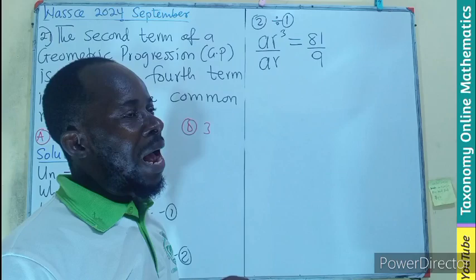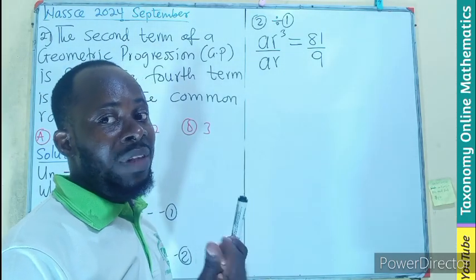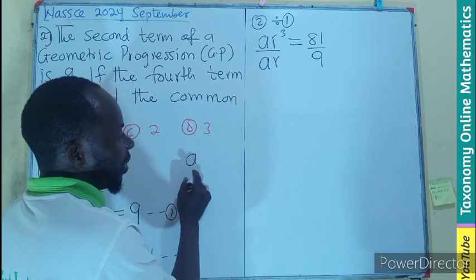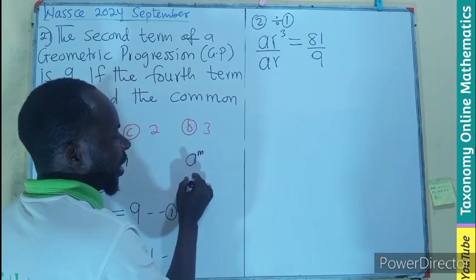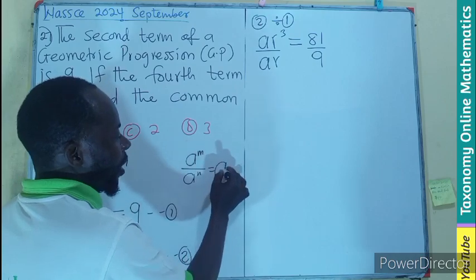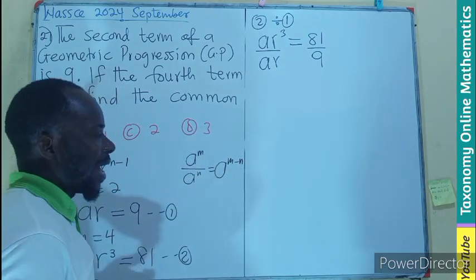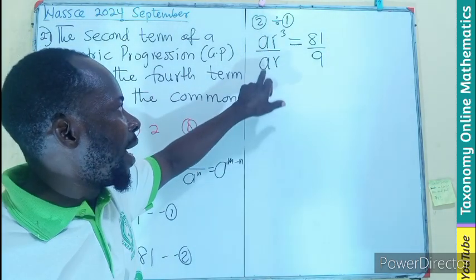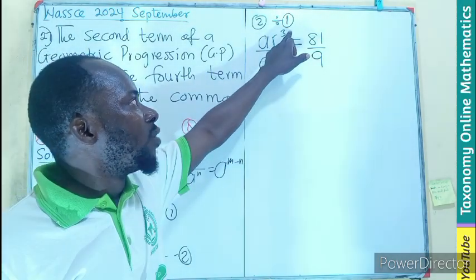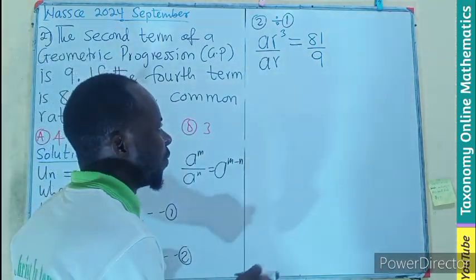R cubed divided by r, it means we can use the laws of indices, as in if I have a exponent m divided by a exponent n, becomes a exponent m minus what? N. So the a is gone. R exponent 3, r exponent 1. So 3 minus 1, that will give you 2.